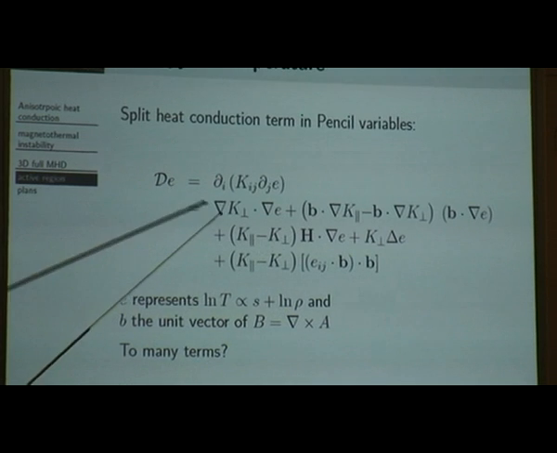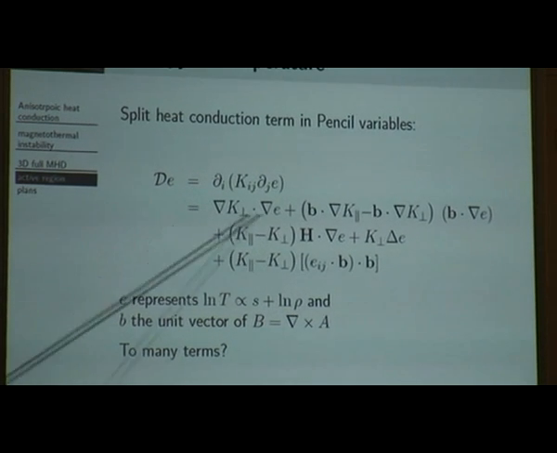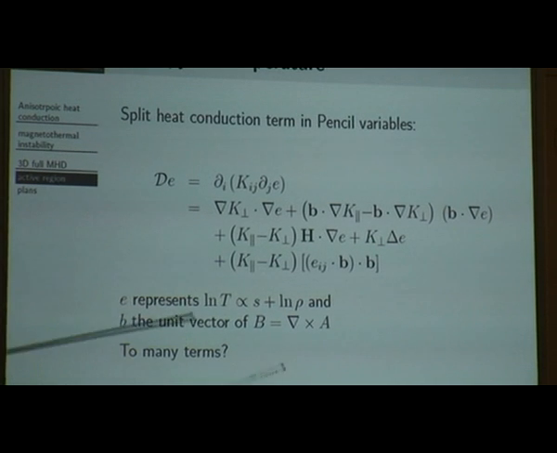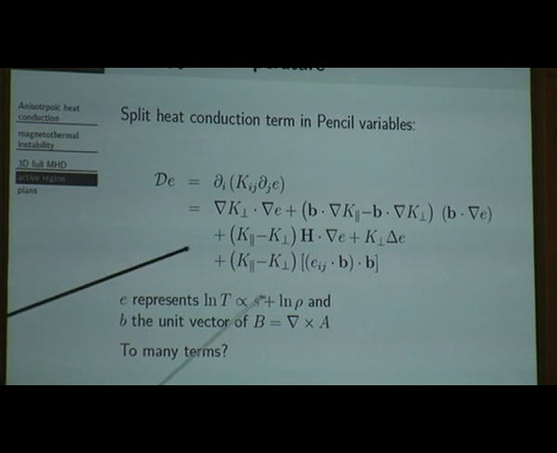So this easy looking formula is now split into lots of different parts of calculations with lots of differences.